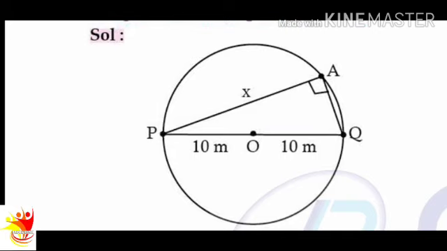O is the center of the circular boundary. Now what is the value to find? We find PA and QA. PA equal to x, that means AQ or QA equal to x minus 4.